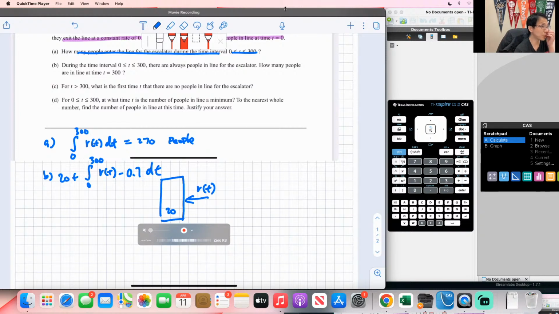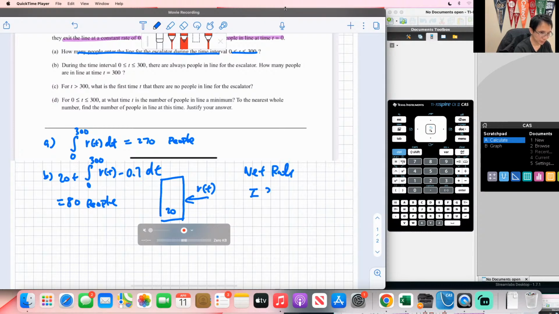Why is it not 0.7 t? Because if you integrate that you get 0.7 t, and that's what Jackie did, she integrated that and got 0.7 t times 300. But for me, if you do this part, you should get enough to answer, so it's going to be 80 people. So it's called net rate. Net rate is whatever comes in, subtract whatever is out.